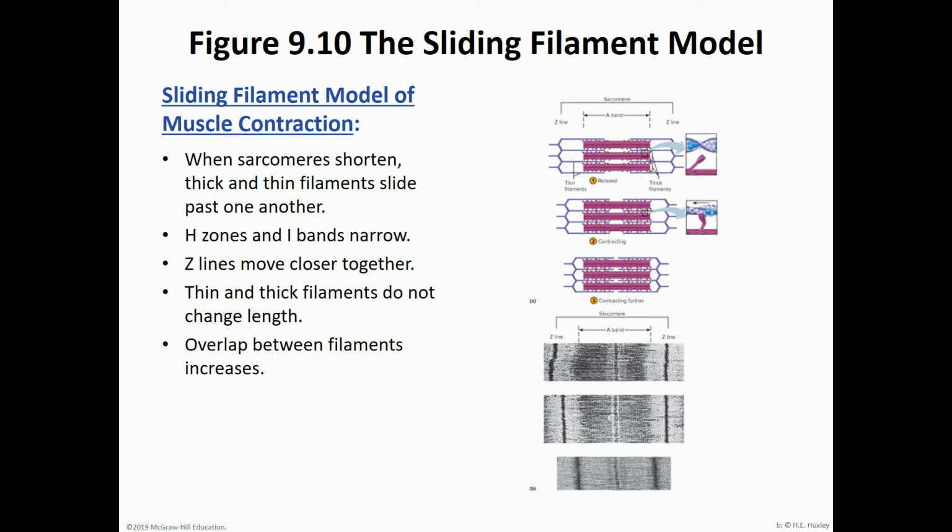So remember, we said a sarcomere is from one Z line to another Z line. When the filaments slide on top of each other, you can see that these zones gradually decrease in length. Those include your H zones and your I bands.